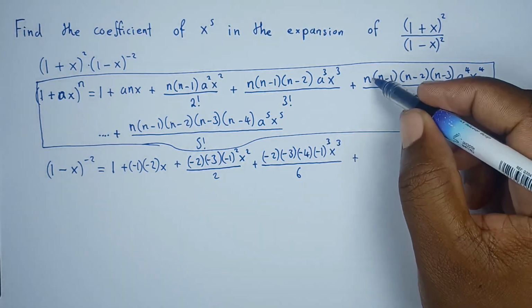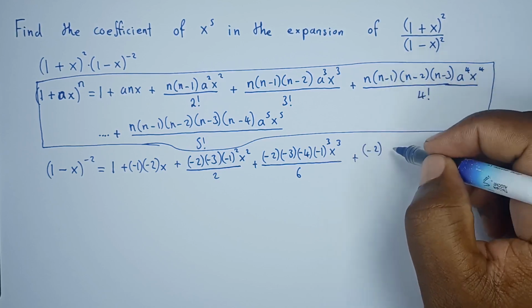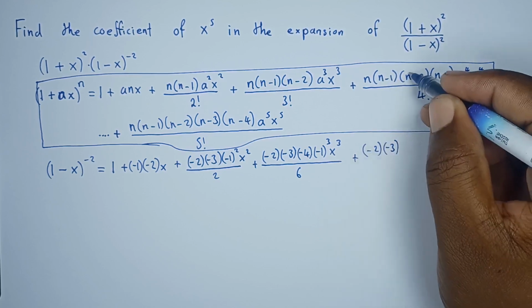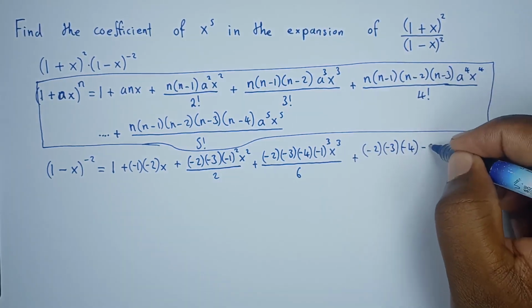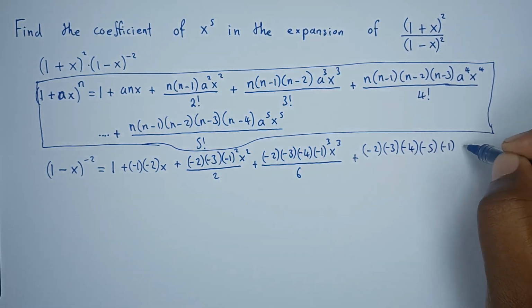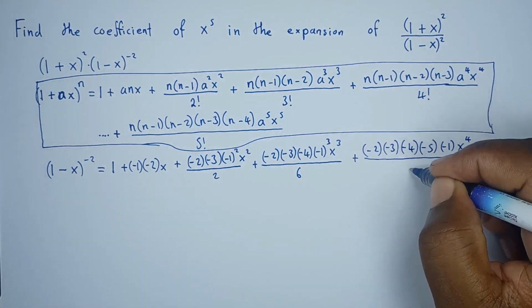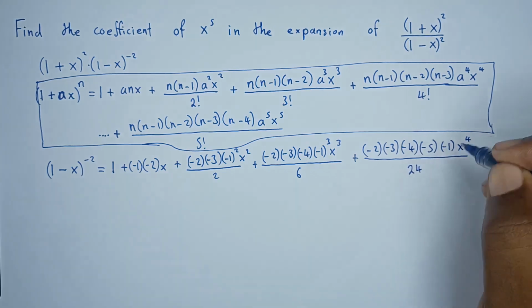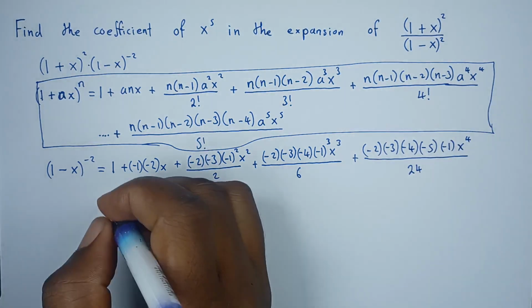We come here. For this part, again n is -2. Put -2 here, we get -3. Put -2 here, we get -4. Put -2 here, we get -5. a is -1, x to the power 4. All this is over 4 factorial. 4 factorial is 24. Okay, now we need this term as well.